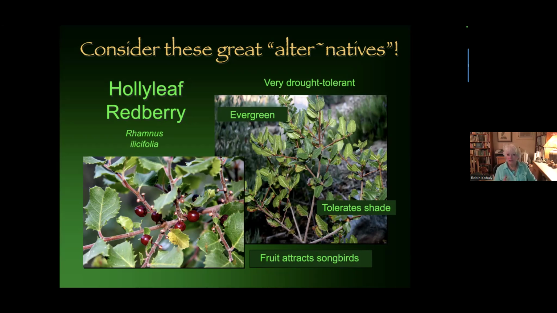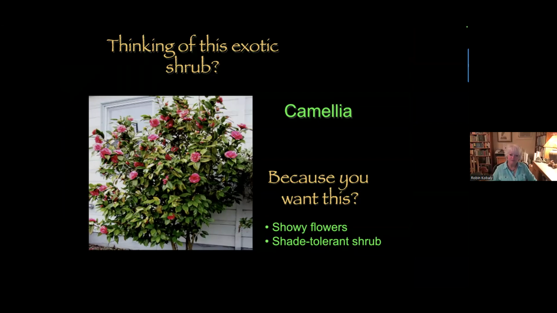But these produce a fruit that attracts songbirds. It's a really great tasting fruit, and you never get to have it because the birds are there before you can even grab it. And this is another plant that is very drought tolerant and still tolerates shade. So it's good if you have a place on the north side of your house or whatever, and it gets pretty shady. This is something that can take that.